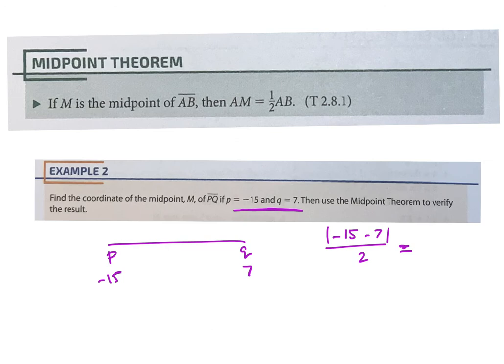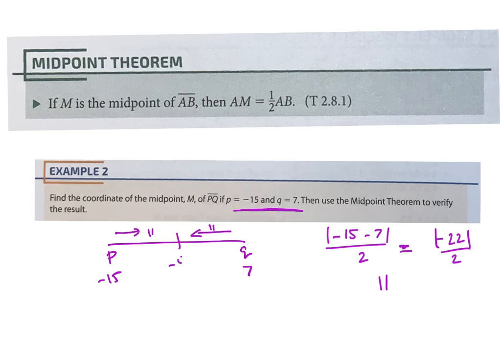So what's -15 minus 7? It's -22, right? With an absolute value there, what's that going to be? 22 over 2 is going to be 11. So that means the midpoint should be exactly 11 away from this guy and exactly 11 away from that guy. So where's my midpoint?